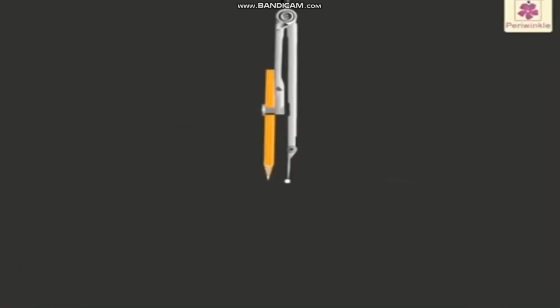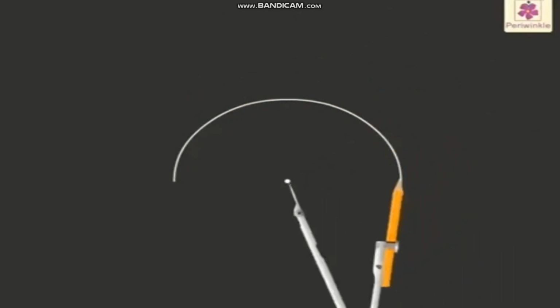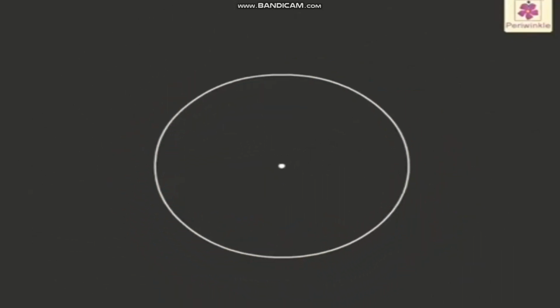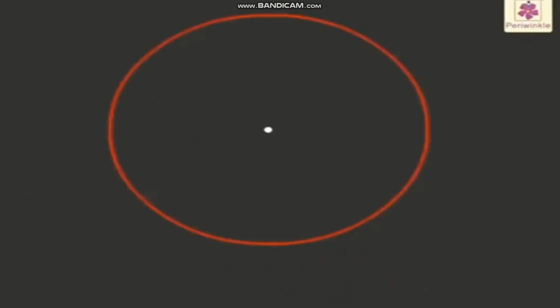Keep the metal point of the compass firmly on a fixed point. Step 2. Stretch the arm of the compass that holds the pencil. Step 3. Move the pencil arm around, keeping the metal arm fixed. Hey, look, we have drawn a circle.